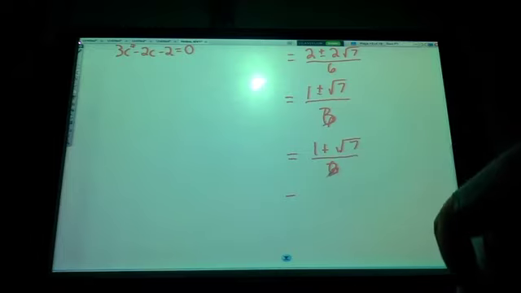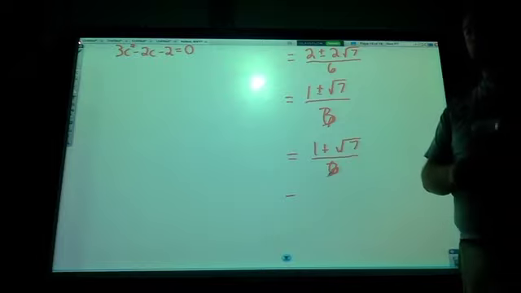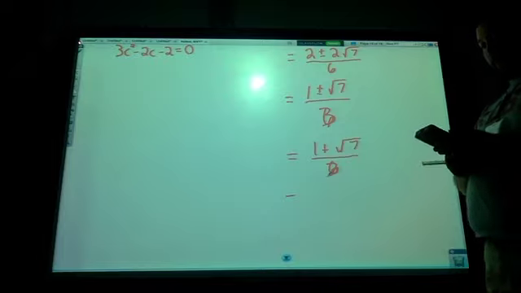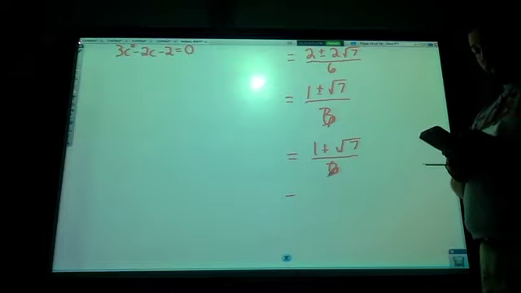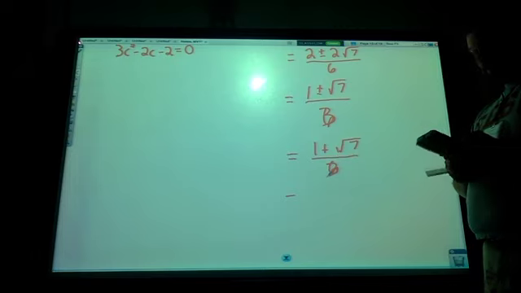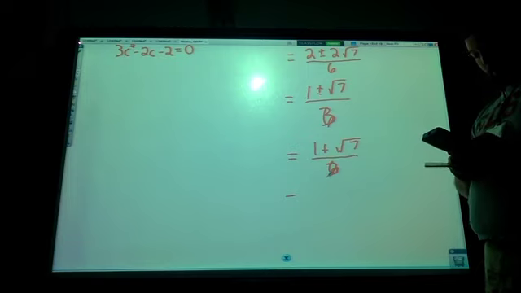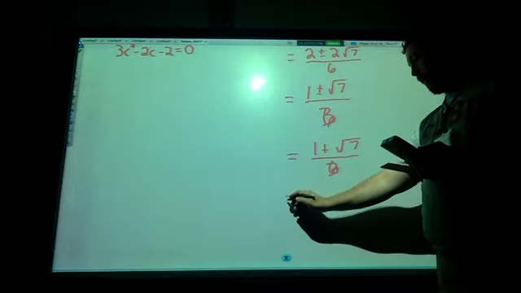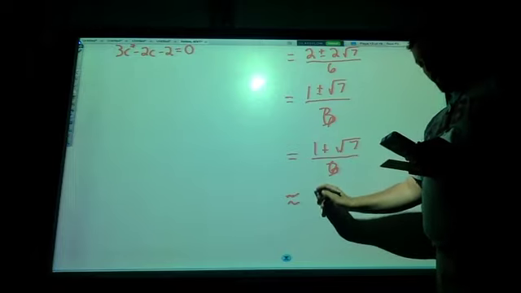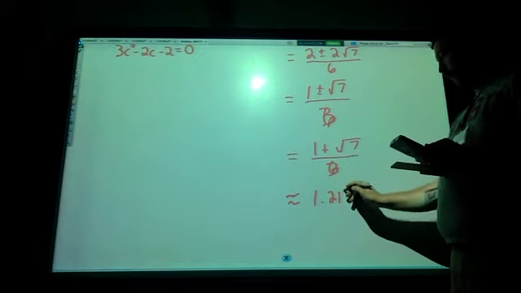If y'all are in class, y'all would hopefully be telling me that I made that mistake. All right, so if I do that, 1 plus the square root of 7, all divided by 3, that does in fact give me approximately 1.215.